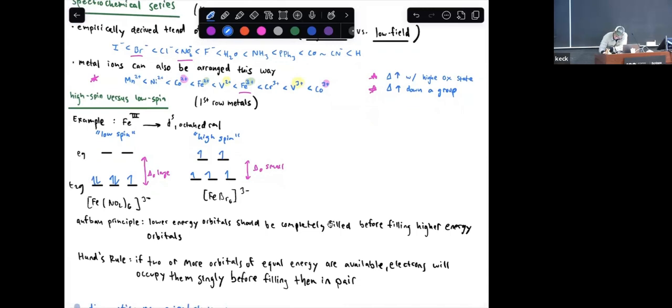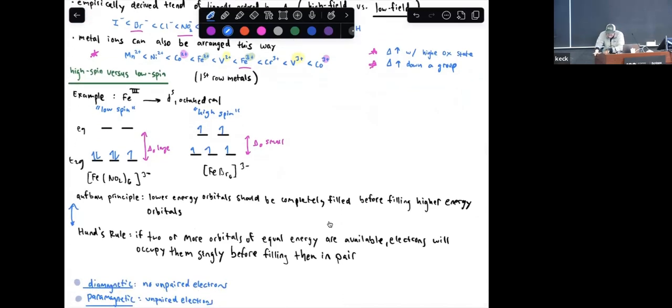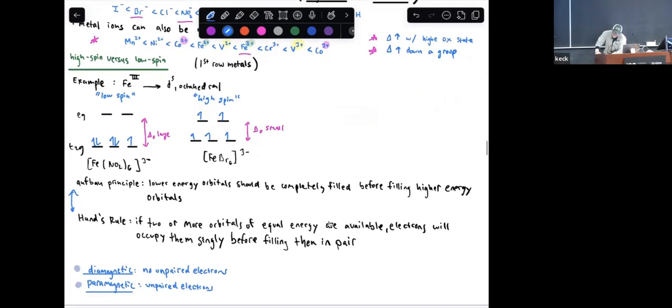So this is the competition. Aufbau principle dictates that lower energy orbitals should be completely filled before filling higher energy. And Hund's rule is that if two or more orbitals of equal energy are available, electrons will occupy them singly before filling them in pairs.